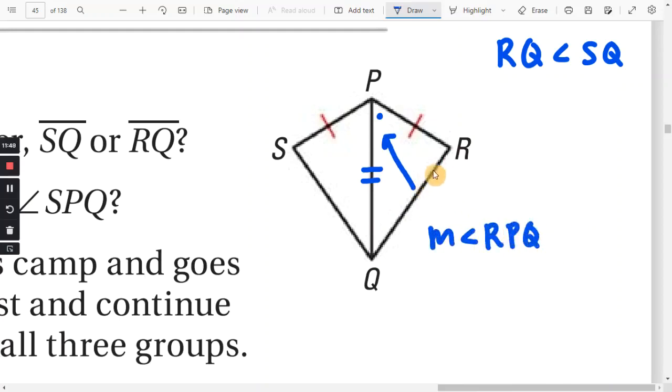And since RQ is the shorter side, that's going to be the smaller angle, so that's going to be less than. And we're looking at SQ right here. You go across from SQ, it's this angle right here, SPQ. So the measure of RPQ is less than the measure of angle SPQ.